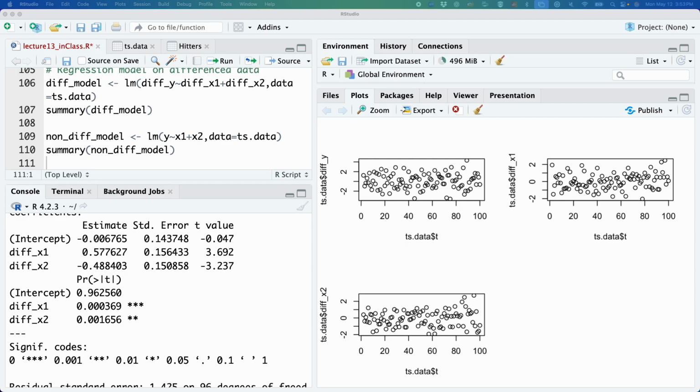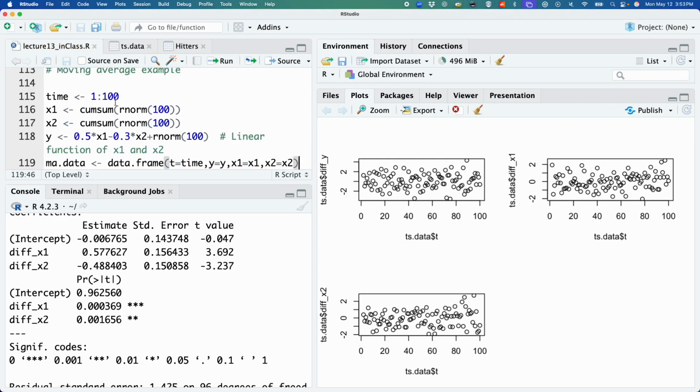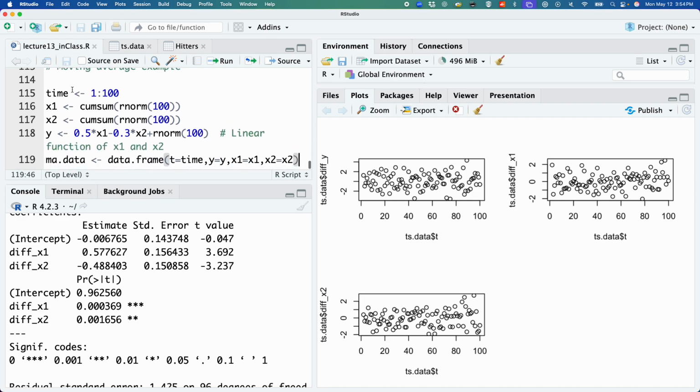Let's see. So I'm gonna copy and paste from above this exact same thing for a moving average example. Time from 1 to 100, cumulative sum from a normal distribution, and then the same function as before.